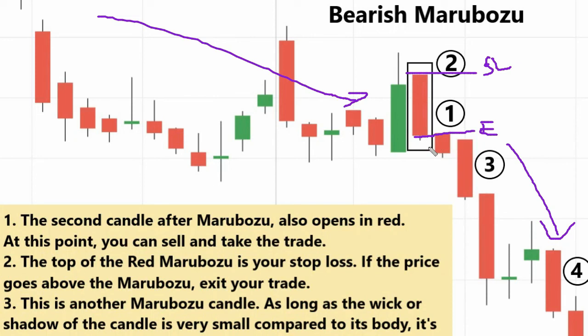When the low of the Marubozu candle breaks, it means fresh entry of the sellers, and then the sellers take control of the market again and give a strong bearish rally.